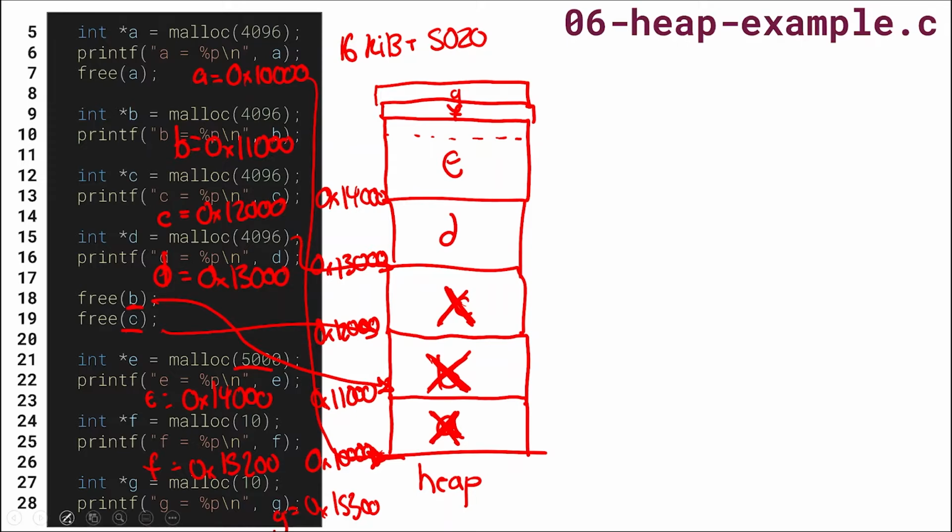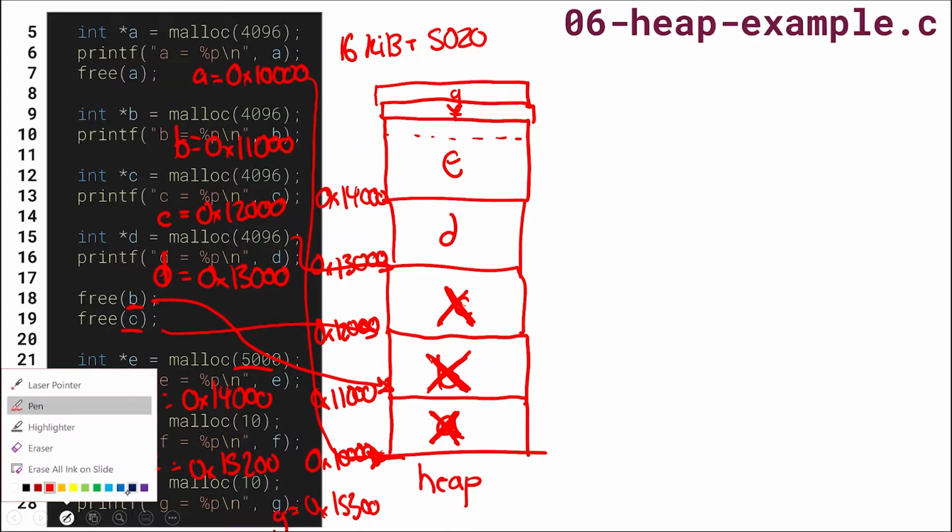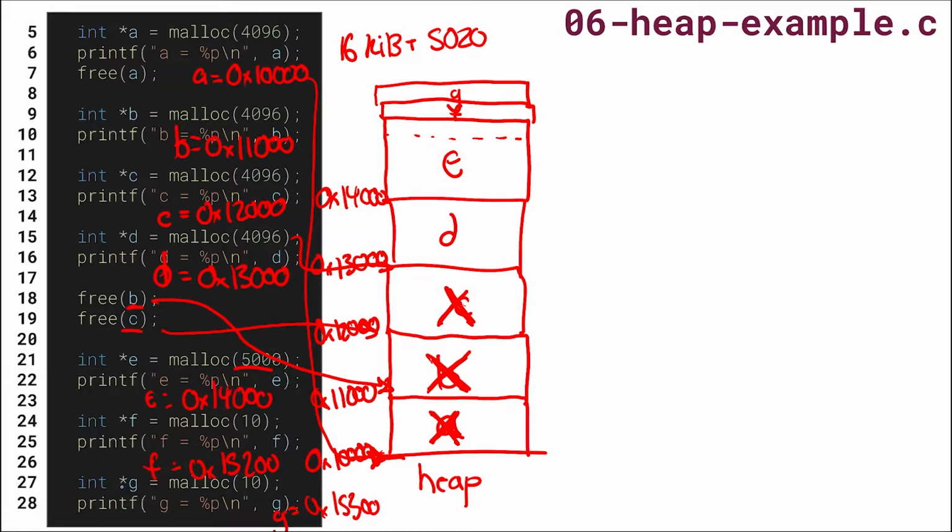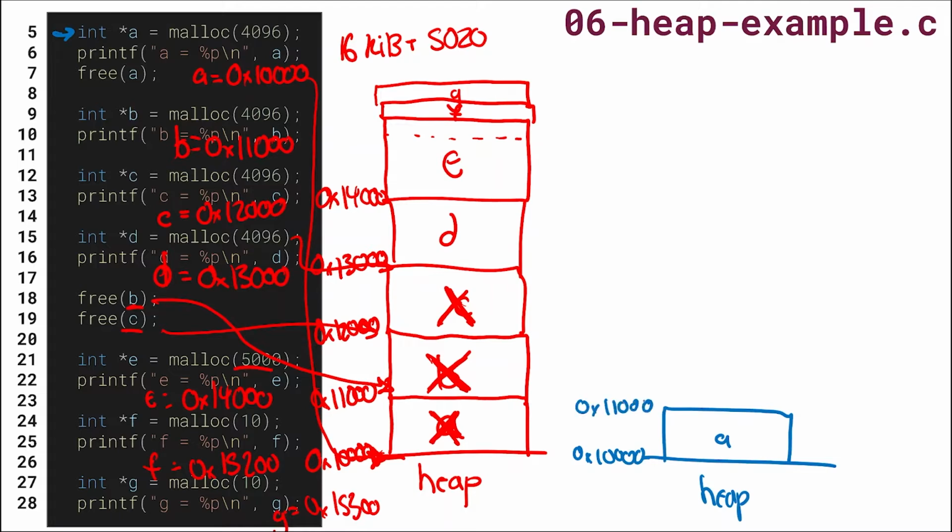Let's go ahead and run this exact same program through, but doing so where we can reuse freed memory. So I'm going to start at the beginning again and make my allocation A. So I've got my heap. Make my allocation of A. We've got address 10,000 to address 11,000.